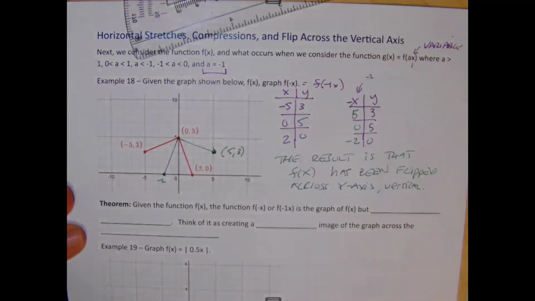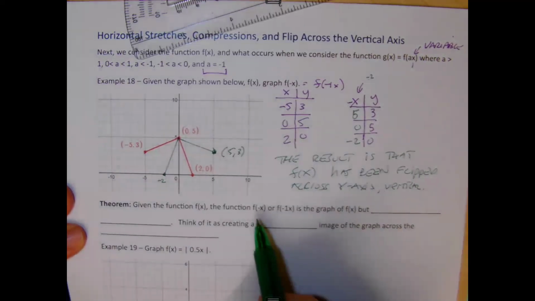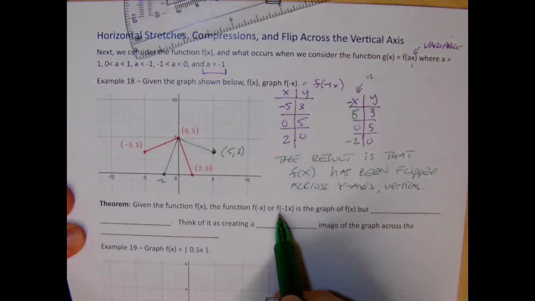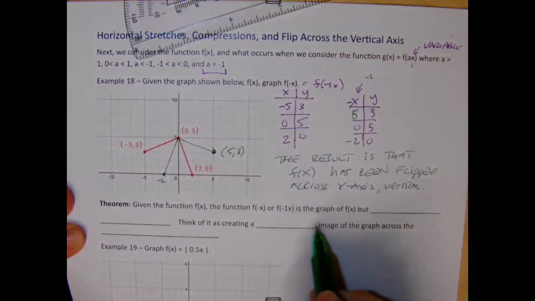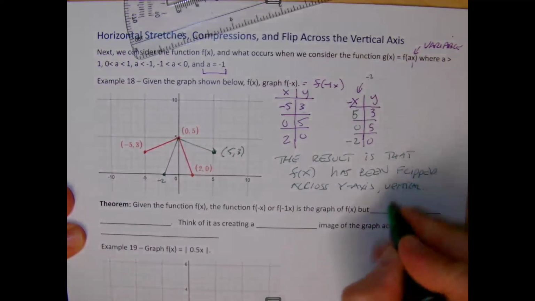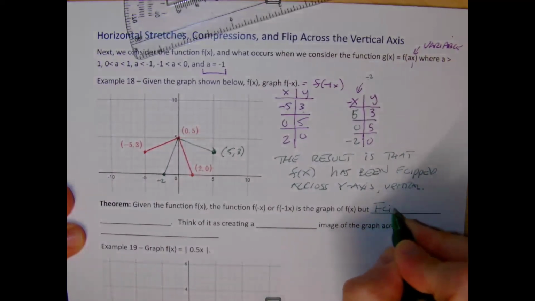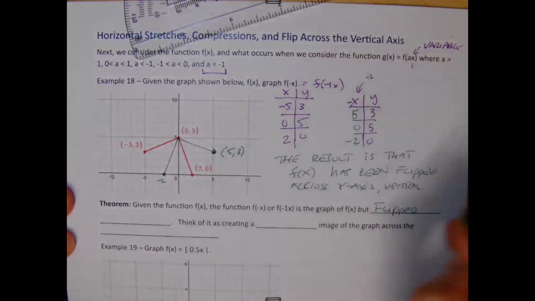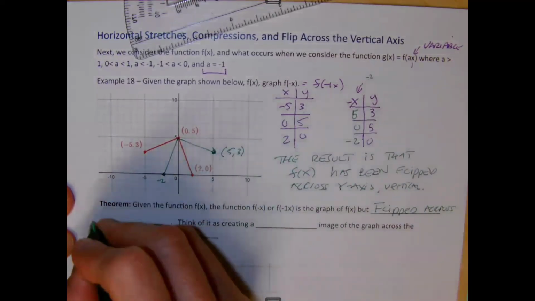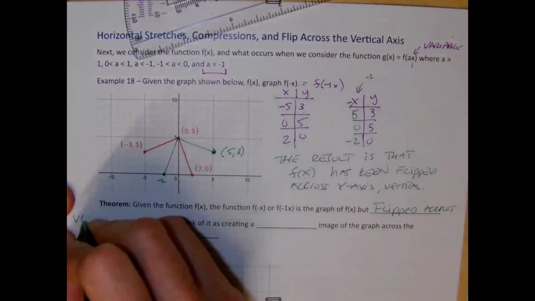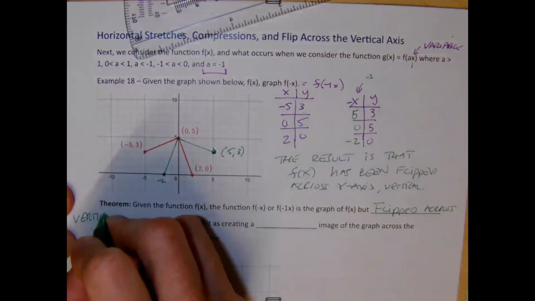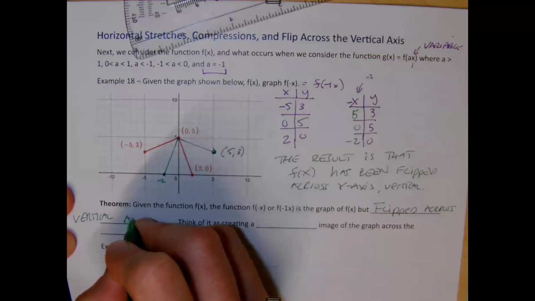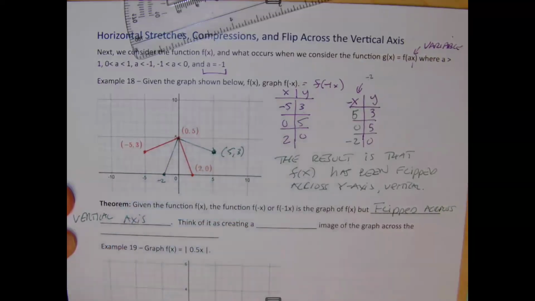So given the function f of x, the function f of -x, or f of -1 times x, is the graph of f of x, but again, flipped across the vertical axis, or y-axis.